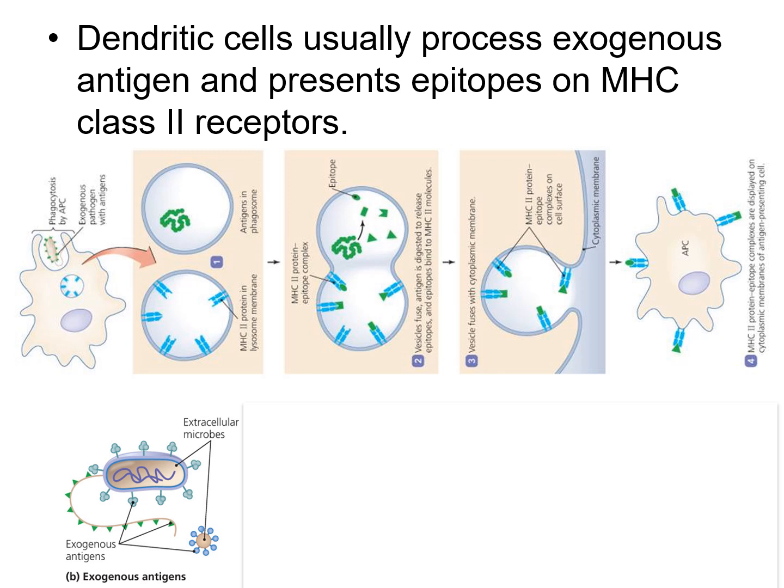antigen presenting cell. So I showed you so far two methods, endo and exo. I'm sorry, the endogenous antigen versus the exogenous antigen being processed and exposed on the surface of these cells.